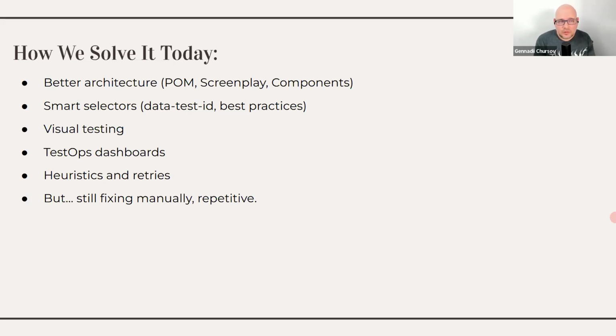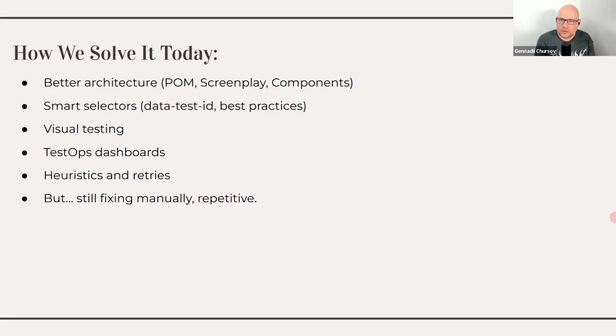We can use techniques to increase the chances that our selectors will not be spoiled even if a new version of the UI is released. We can use smart selectors. We can ask our developers to use data-test-id that will be stable even if the HTML of the code changes. We can use some other best practices.